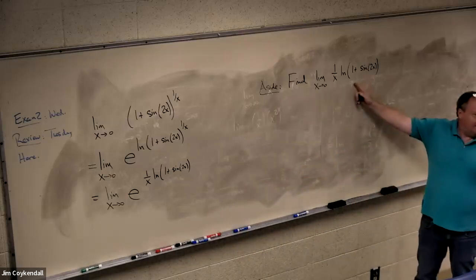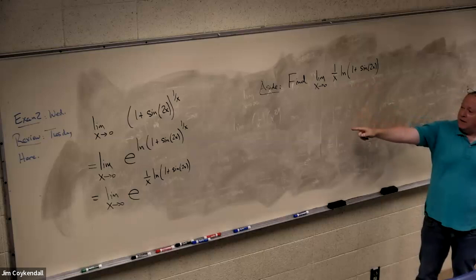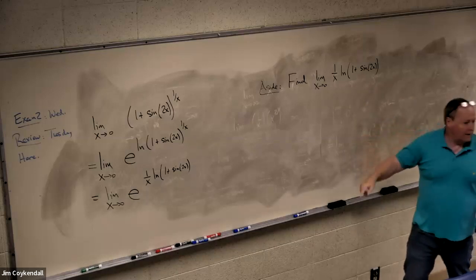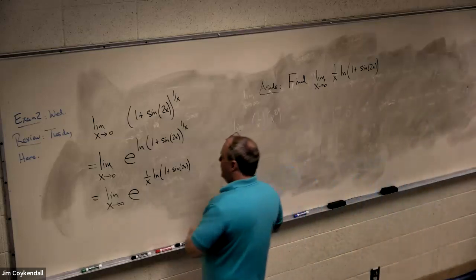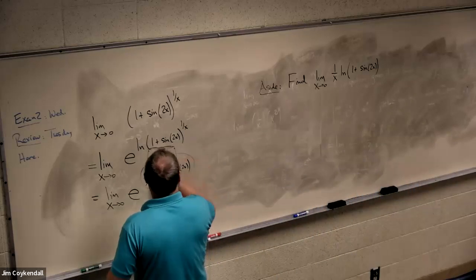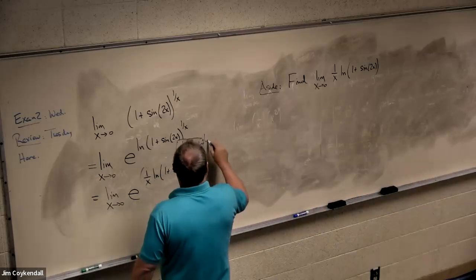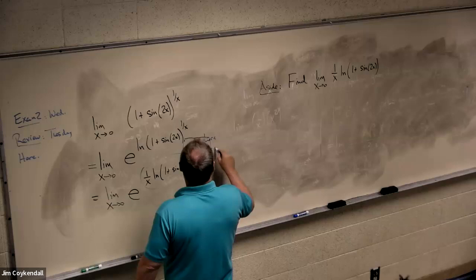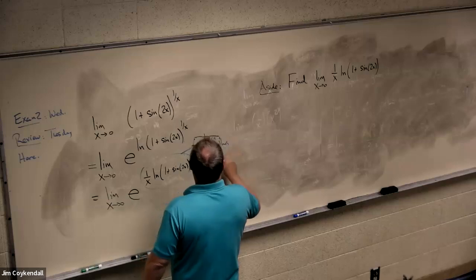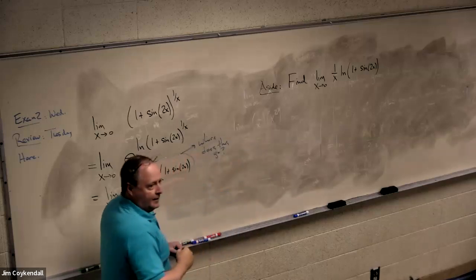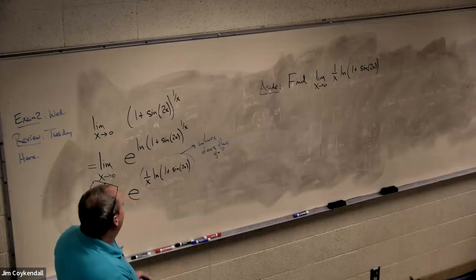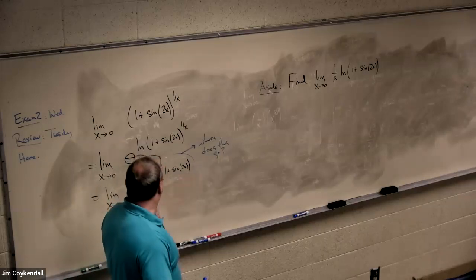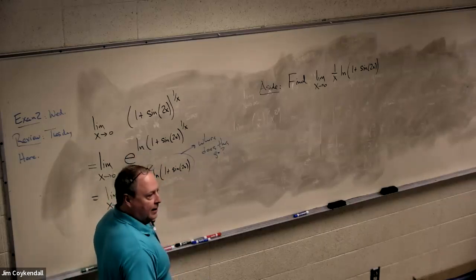The idea is this is the exponent in the original problem, right? So what I'm trying to do is find out where this goes. And once I find out where it goes, I can just plug it back in here, right?